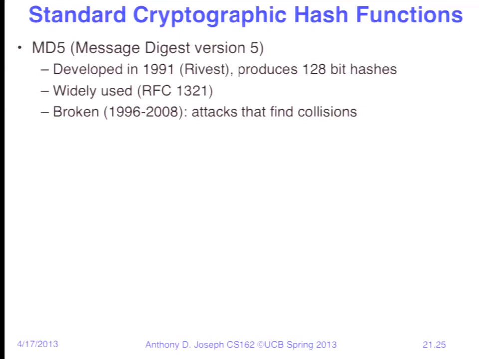Right, so the thing is, given a text and an MD5, can you find another text that produces the same MD5? And what they were able to show pretty early on was theoretical ways of doing that. Then they were actually able to show you could produce a different text that produced the same MD5. But that's not very useful for an attack.